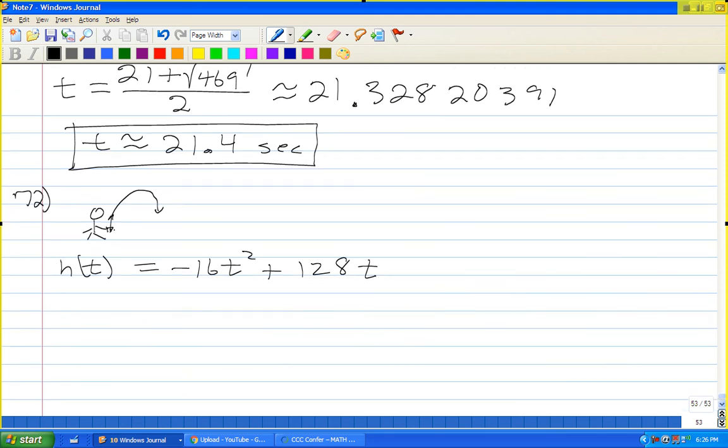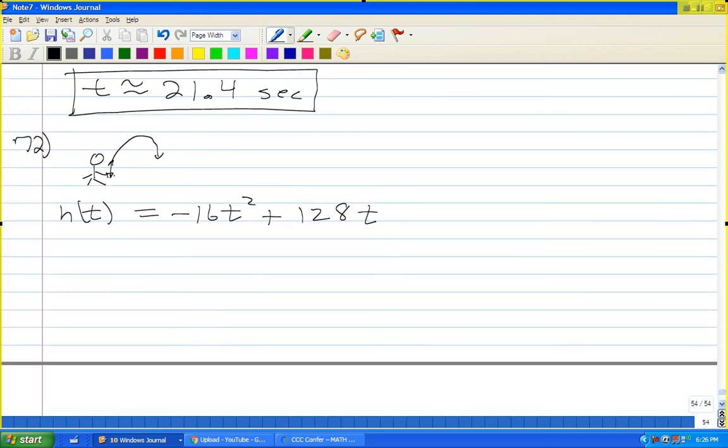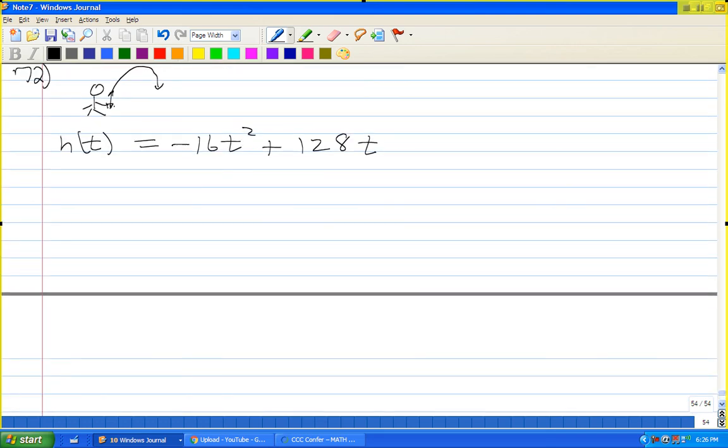Well, I know by the formula for completing the square that the vertex of this parabola, which is the highest point here, is found by, well, the x-coordinate was x equals negative b over 2a. Again, we're using t, so t equals negative b over 2a.